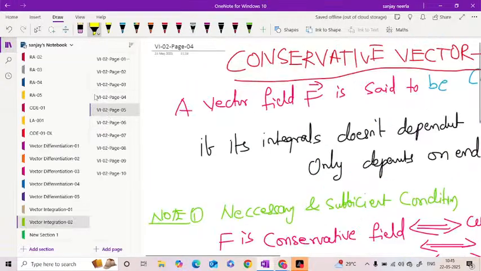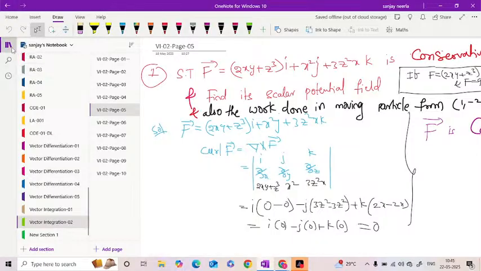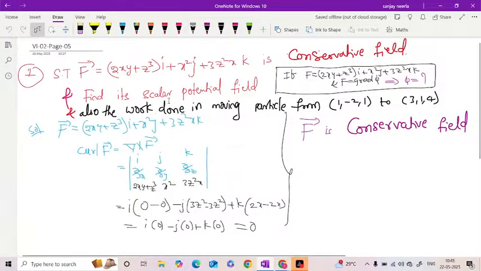I think we have seen two problems in the previous class. What is the first problem? Show that the given vector field is a conservative field. That means we have to prove that curl f must be 0, or that this vector is an irrotational vector. The second question is to find its scalar potential field.